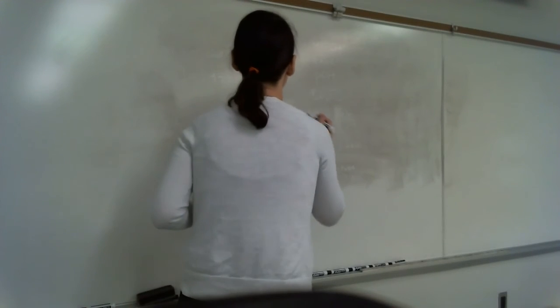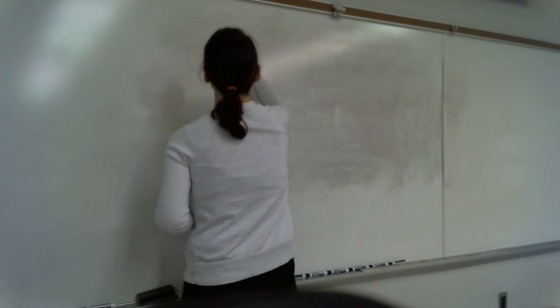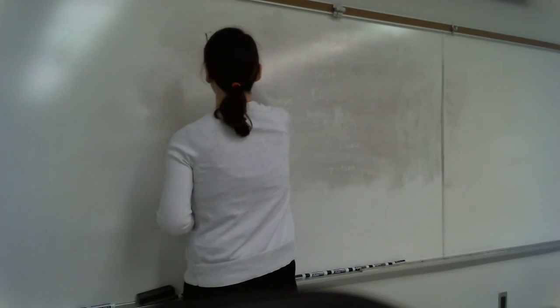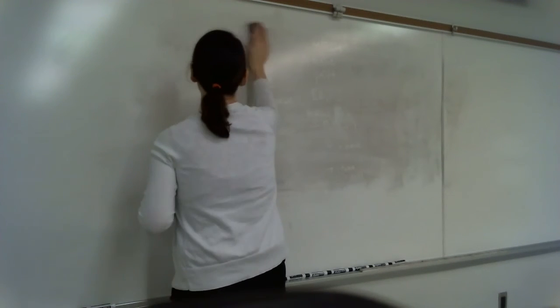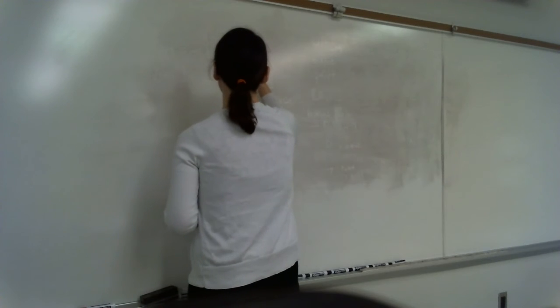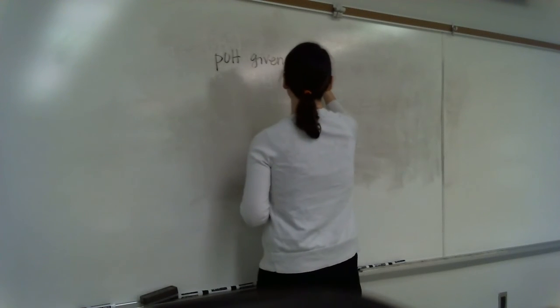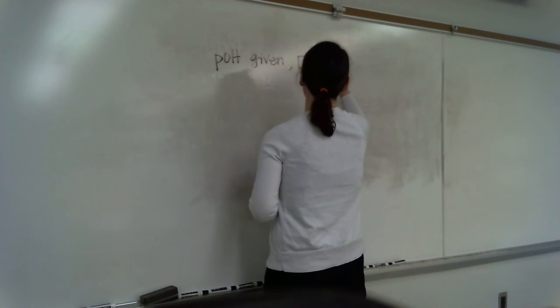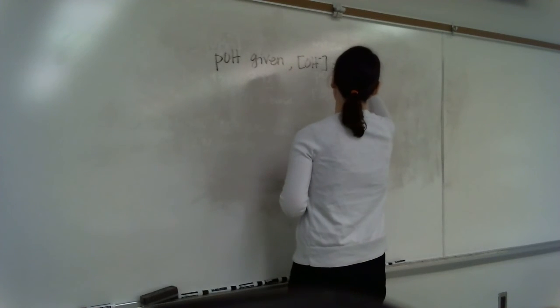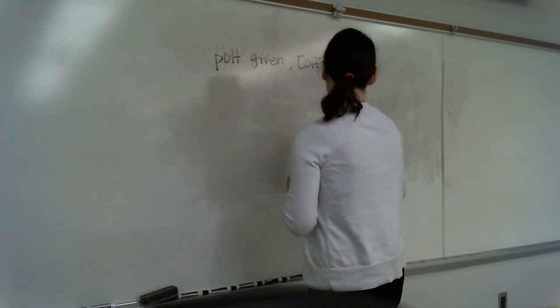Okay, so let's go to the other direction. If pOH is given, the concentration of OH- is just 10 to the negative pOH.